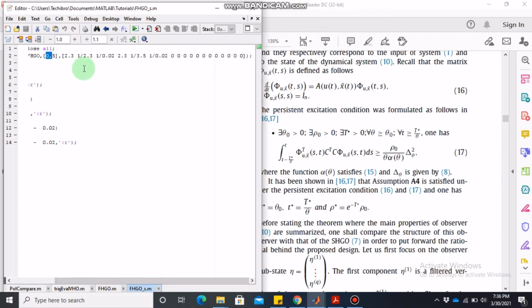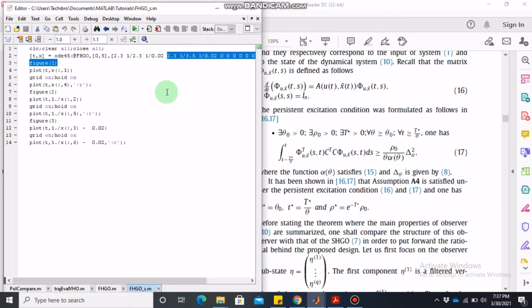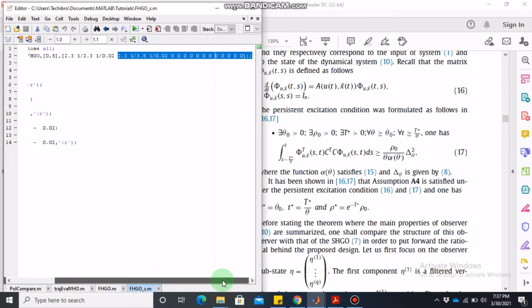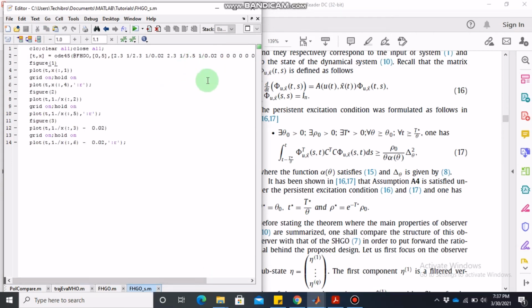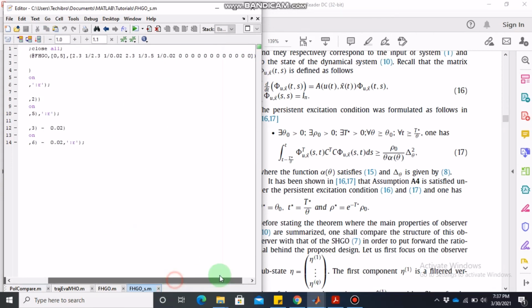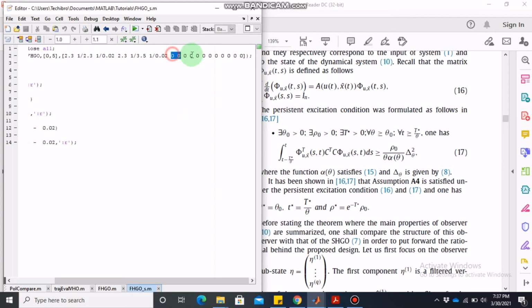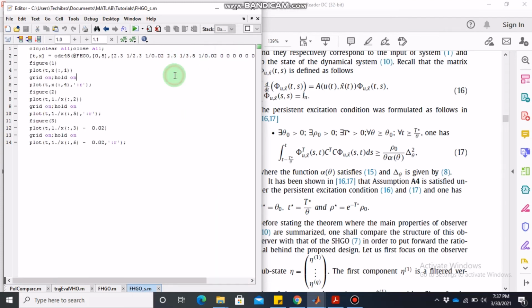Then we give some initial conditions to z1, z2, z3, and to x hat 1, x hat 2, x hat 3, and all other initial conditions are 0. So the initial condition for eta and for the Riccati equation matrix P are all 0.